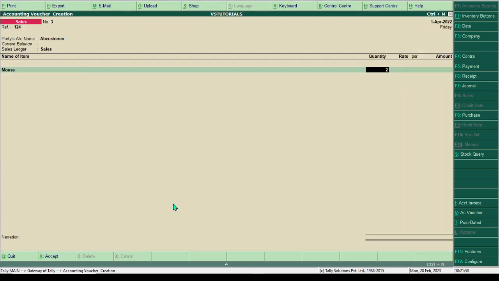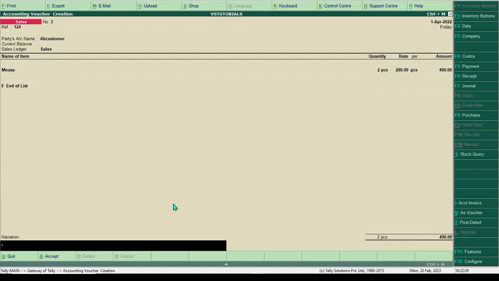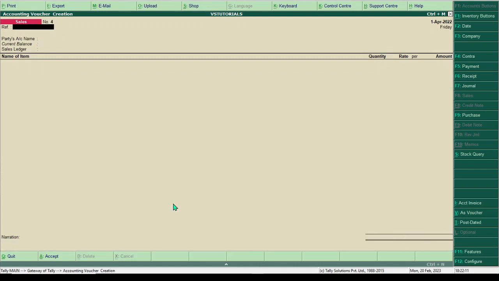Okay, suppose two mouse at the rate of 200 rupees. Amount is 400. We select enter. Yes. So here we have sold a mouse at the rate of 200 per piece.